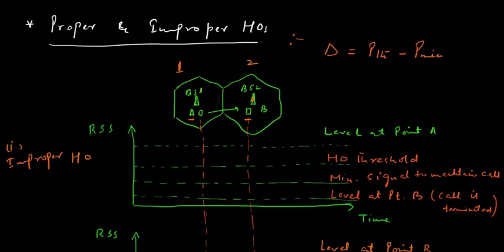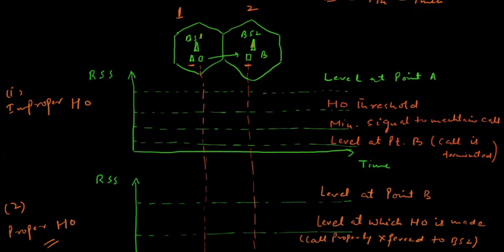So this example will show you the proper and improper handoff. This line represents the level at point A, that is, the good quality of signal in cell 1, and that is the level here of the signal strength from this base station.